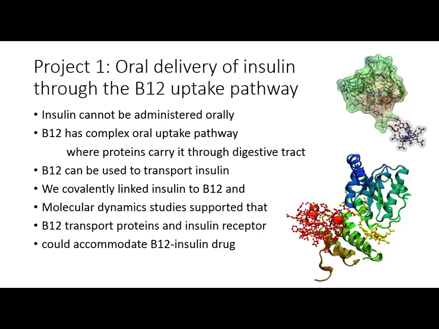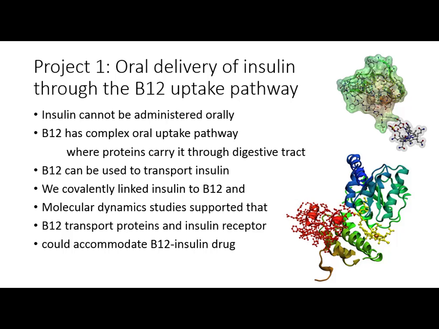But when we synthesized it and we proved it in a wet lab manner, we then asked ourselves, is there anything that we can do in a dry lab manner to support our project, right? So a collaborator went on to make a bunch of images for us, and he made this beautiful image predicting that there was B12 and there was insulin and there's a very flexible tether here, and that flexible tether is part of the way that it works.